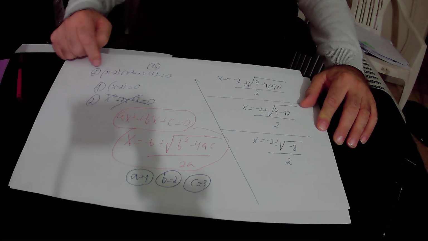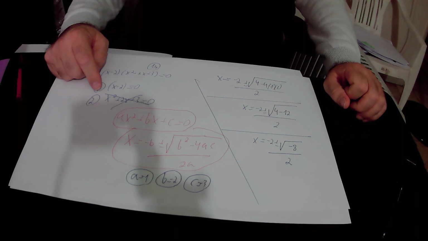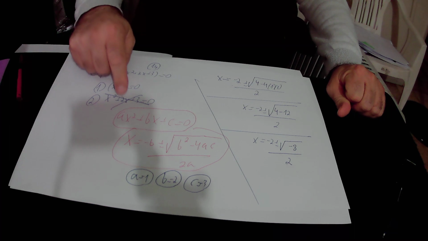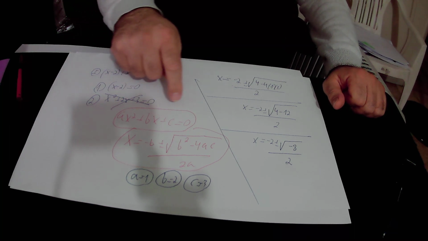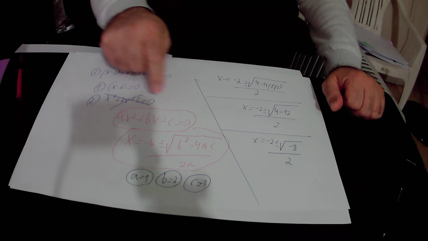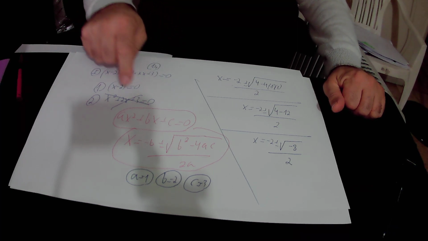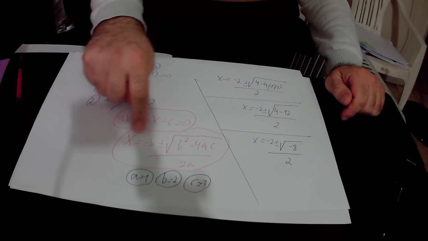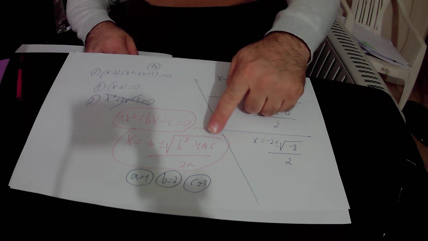It is a quadratic equation, and the general form of a quadratic equation is ax squared plus bx plus c equals 0, where a, b, and c are the coefficients of the quadratic equation, and x is the variable that we are looking for, and we will find the value of x according to a special formula for x. This is the special formula for x.